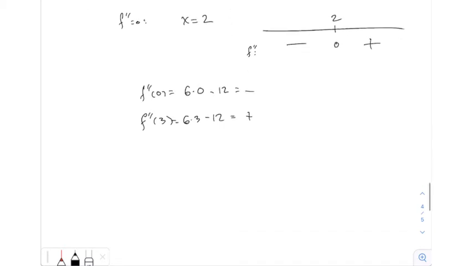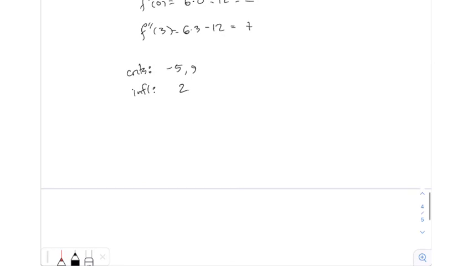All right, so my important numbers are going to be, just to summarize, the crits were -5 and 9, right? And the inflection is 2, right? And we need the y values for all of these. So I'm going to go f of -5, f of 9, f of 2.